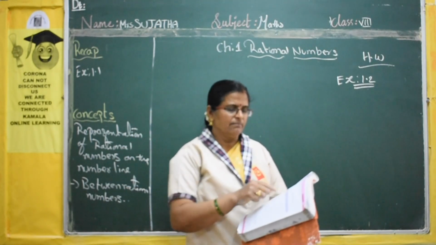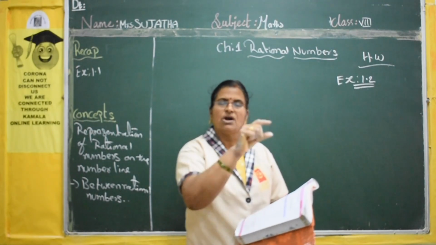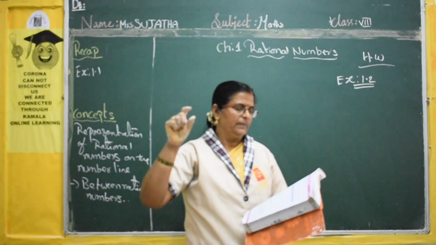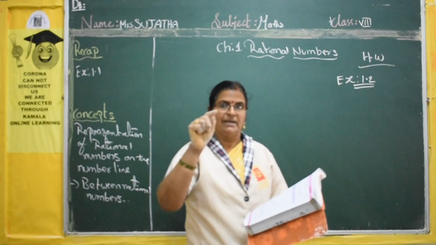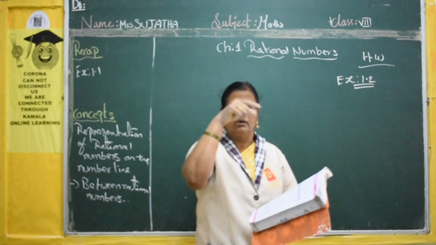Okay, then represent minus 2 by 13, 5 by 13, minus 9 by 13 on the number line. You just have to represent this. First you start with 1 by 13, 2 by 13, 3 by 13 like that, and the negative side also like that, and round up.